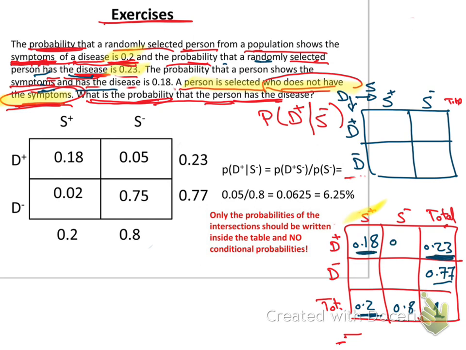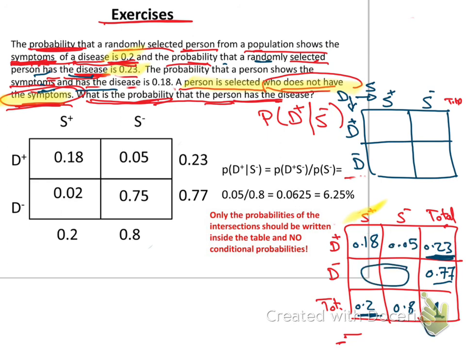So the one who has the disease but doesn't show the symptom is 0.23 minus 0.18, which is 0.05, because 0.18 plus 0.05 equals 0.23. I have the intersection of disease with symptom and the total of these two is 0.23, so to get this one I subtract 0.23 minus 0.18.